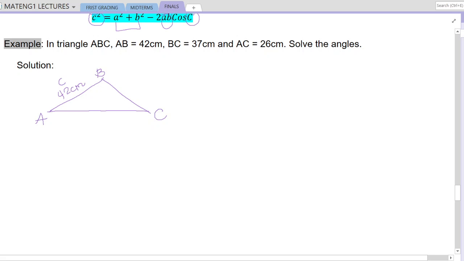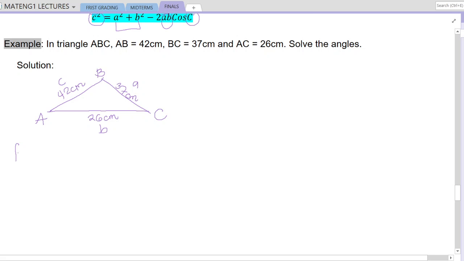BC is given as 37 centimeters, and we denote this as the side opposite angle A, so that is lowercase a. And AC is given as 26 centimeters, and we denote this as the side opposite angle B, which is lowercase b.